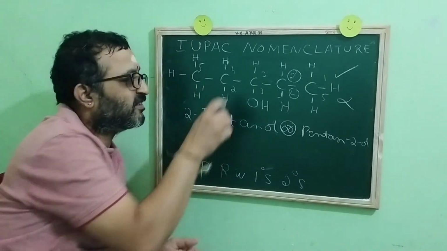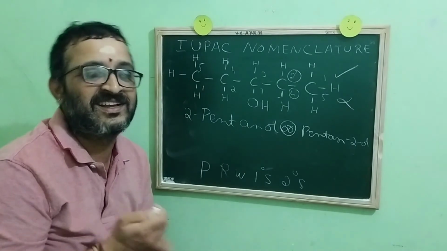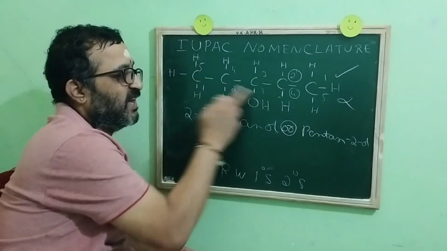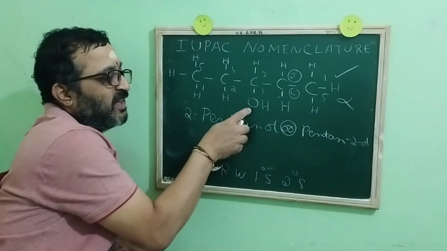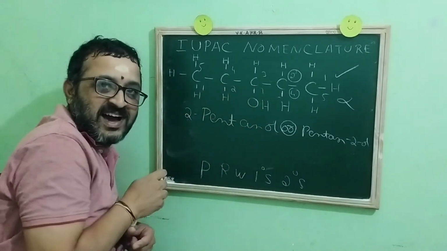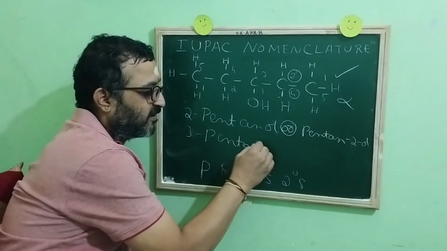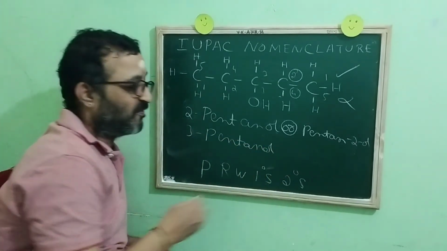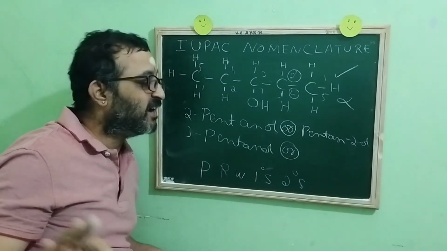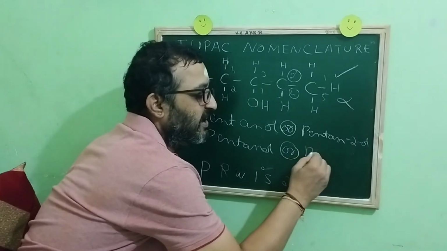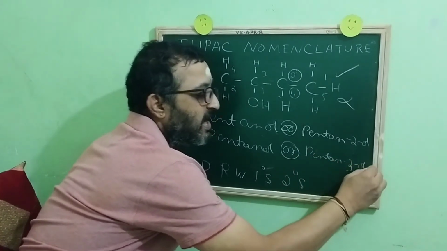From both the directions, this carbon is getting what, children? 3. Which way of numbering is correct? Sir, both are correct, sir. Then, what will be the name of this compound, children? Obviously, now OH is attached to third carbon. The name of this compound will be what, children? It is 3-pentanol, right? Then, it is also called as what? It is pentan-3-ol.